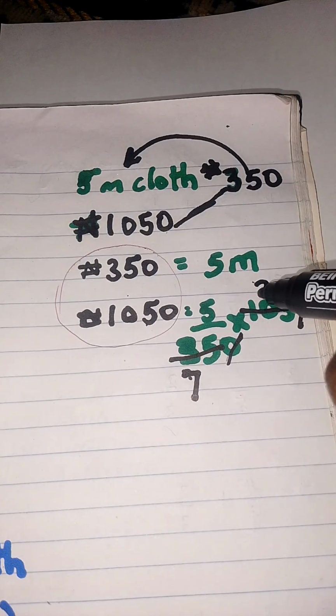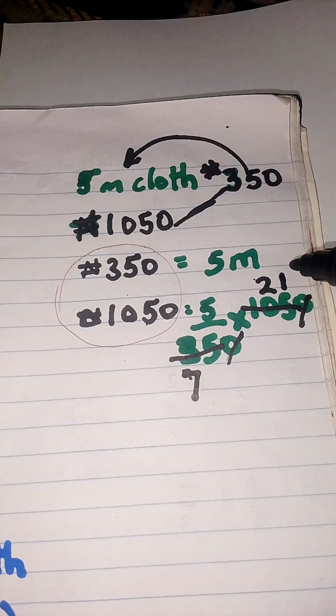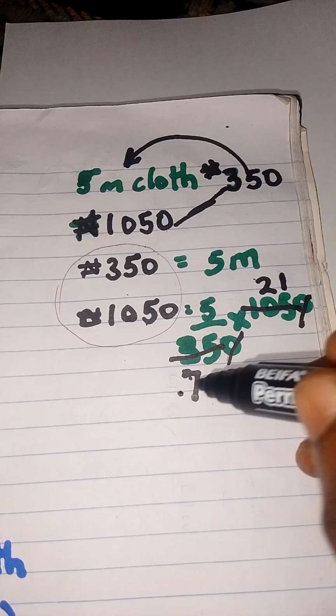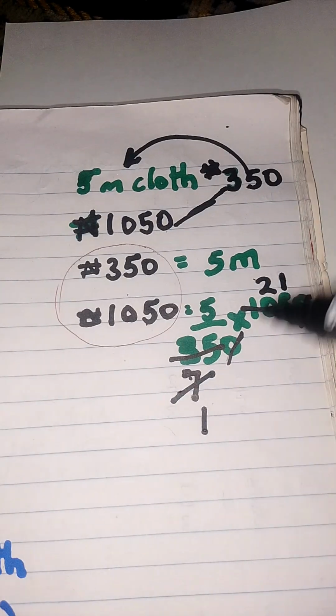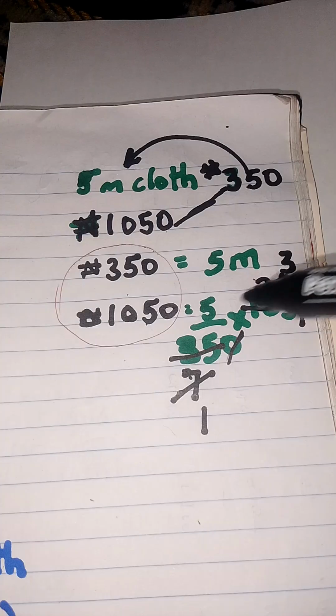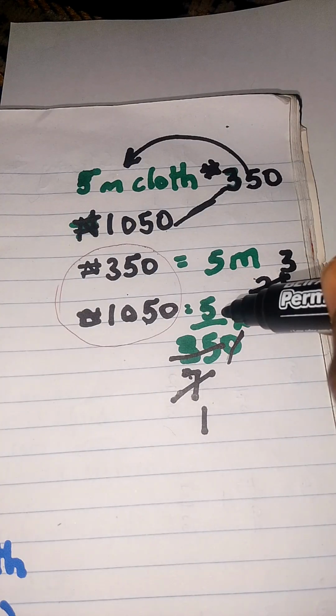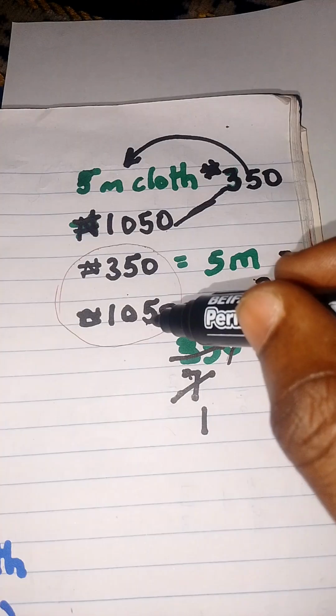You're still left with 7 and 21. 7 in 7 is 1. 7 in 21 is 3. So you're left with 5 and 3. Therefore 5 times 3 is 15. So therefore 1,050 naira is going to give us 15 meters.